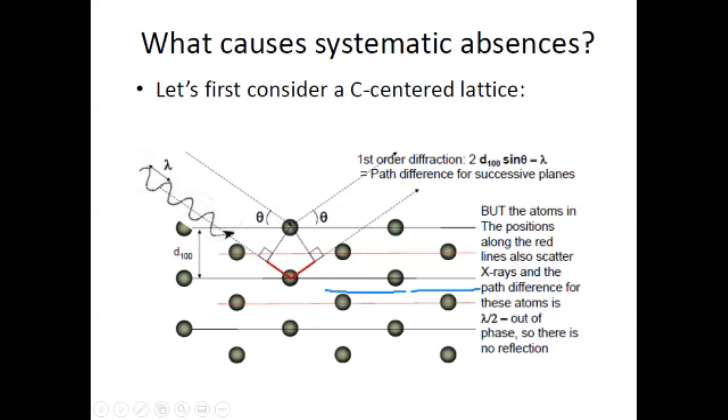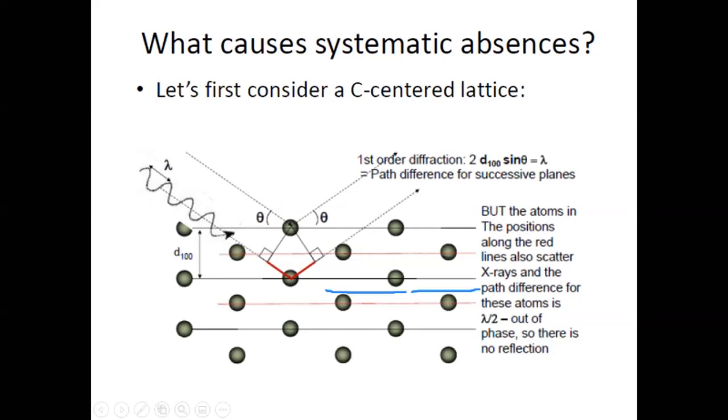Now since it's C-centered, we also have atoms along the red lines. Remember, C-centered, we translate along the A and B axes by 1/2. So when we translate 1/2, we get a reflection plane right here.